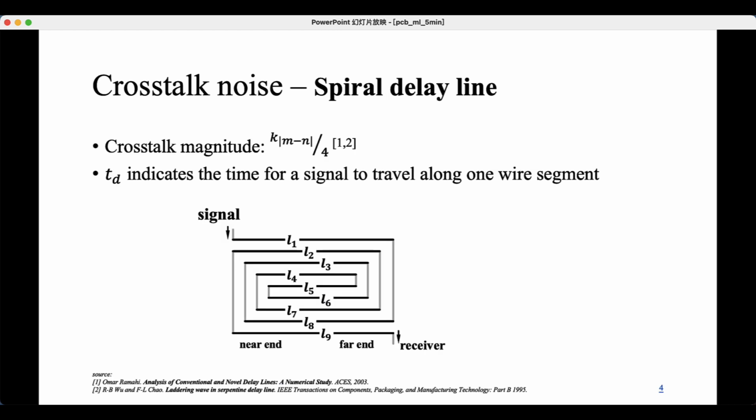As with serpentine delay lines, at time 0, the main signal switches at the near end of L1 and propagates from left to right. Meanwhile, the adjacent crosstalk pulse induced by the main signal proceeds straight to the receiver. After that, the main signal propagates to the far end of L8 and induces two adjacent crosstalk pulses.